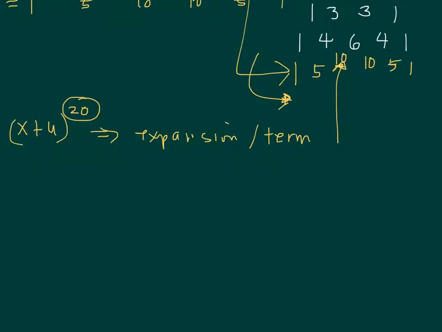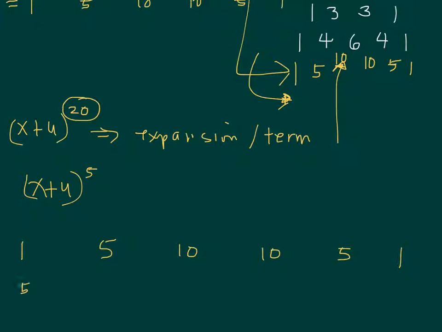Okay, let's copy the numbers again for x plus y to the fifth. So for x plus y to the fifth, we will be having 1, 5, 10, 10, 5, and 1. Now these numbers can be obtained from the combination formula.